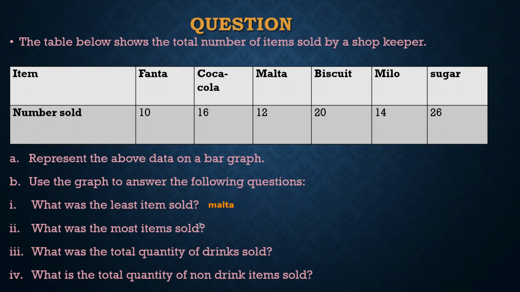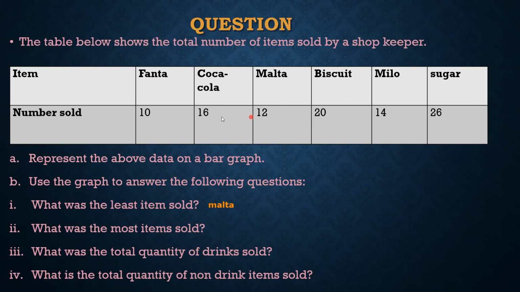Good. Now, what were the most items sold? With this, we can easily determine it from this data. Let's check the number of items sold here.